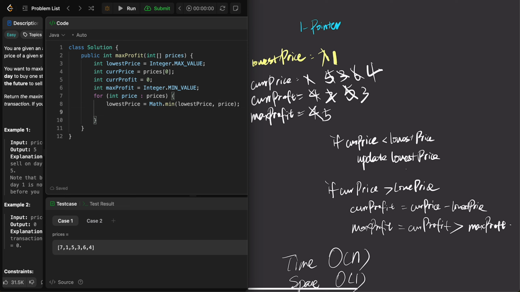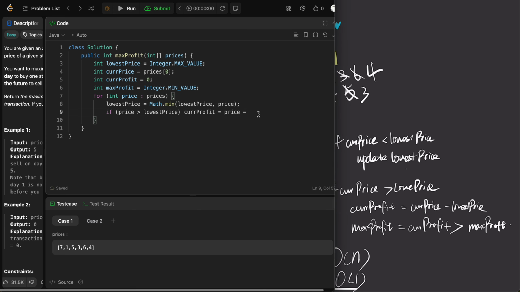And how we update our current profit: if only the current price is greater than the lowest price, then we update our current profit equals to price minus lowest price.